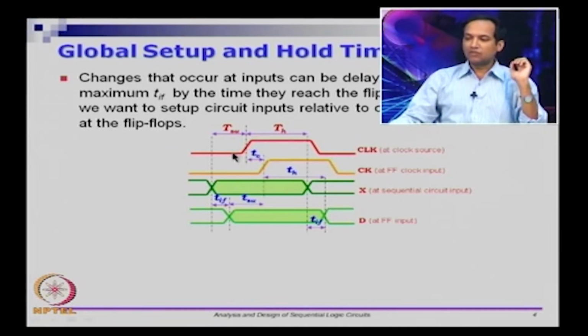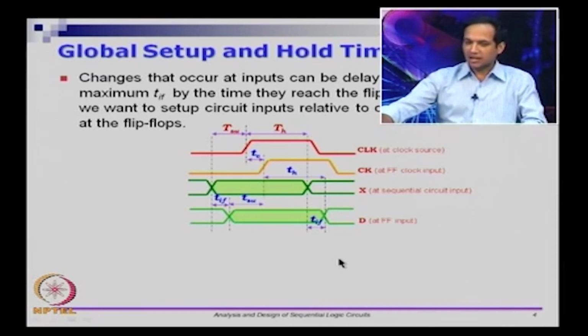So, what we are looking for is the mathematical relationship between capital T SU and the parameters here and capital T H and the parameters here. Can we derive TSU and TH in terms of various circuit parameters? This is what we are going to do in the class today.